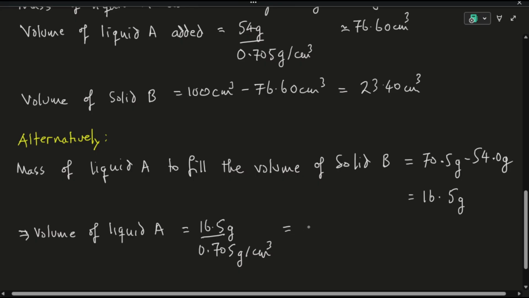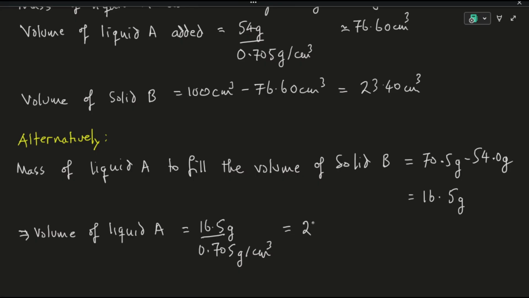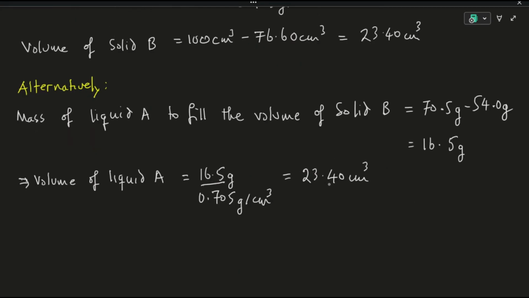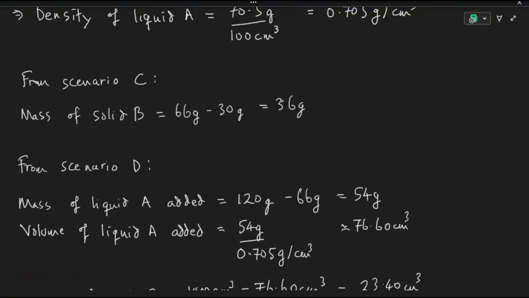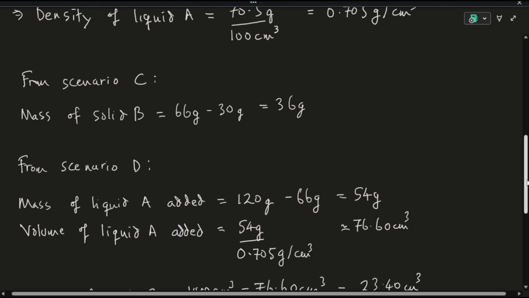So we're going to have 16.5 over 0.705, and so that will mean that 23.40 centimeter cubed of liquid A would have occupied the volume of solid B. So this is the volume that solid B of mass 36 grams would occupy.